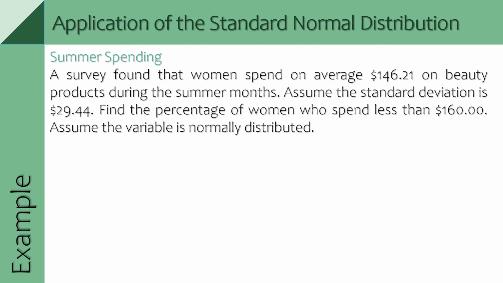First things first, we need to draw the figure. Since the average is $146.21, that is the middle part of the curve, and then we need to locate 160 in our curve.